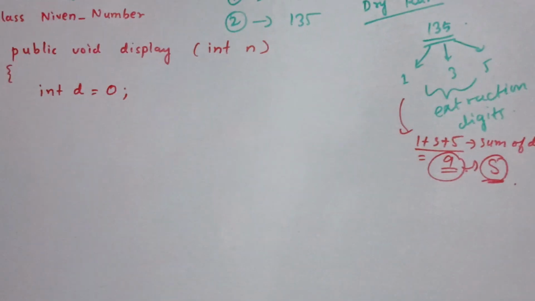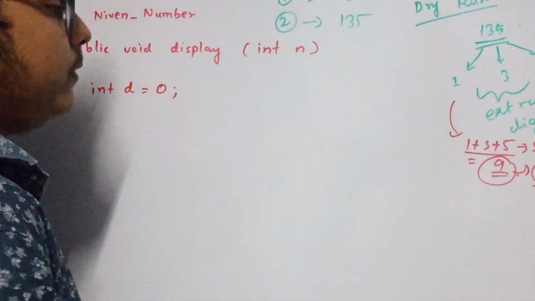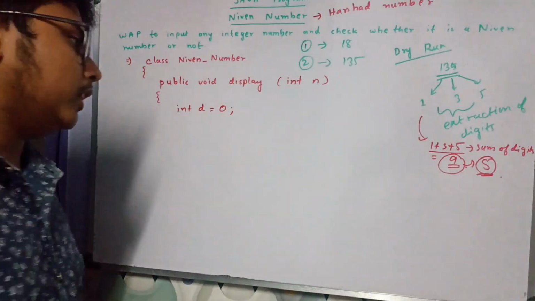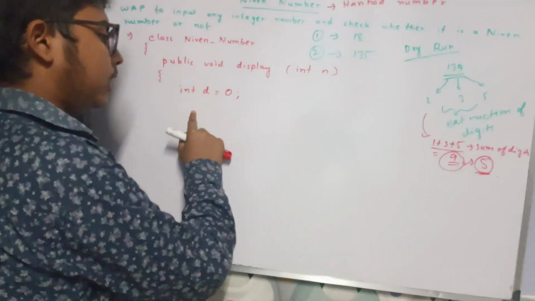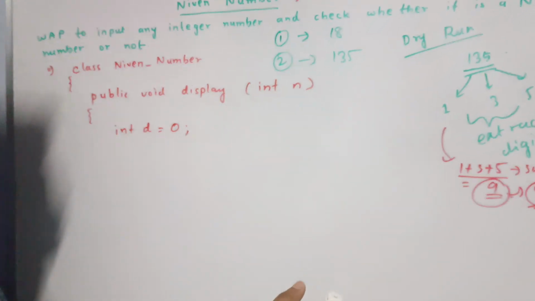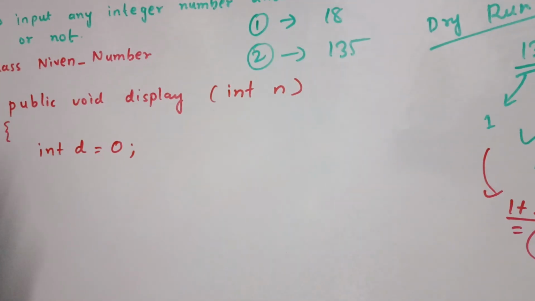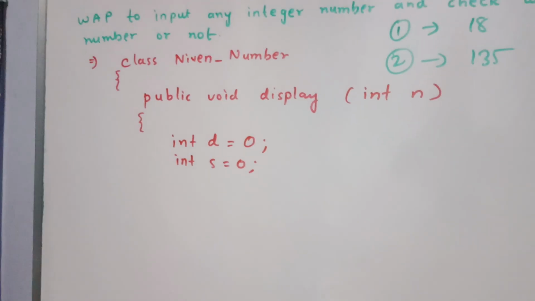You can name it anything, like int sum. I am naming it s, and I will initialize it as int s equals 0. So this was our total initializing process.